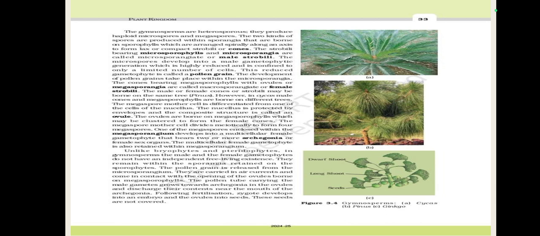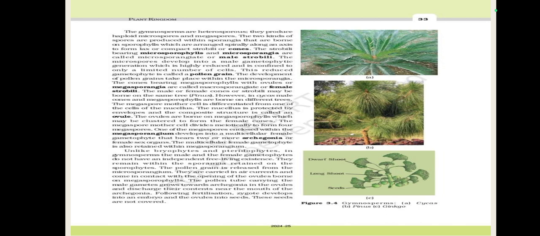One of the megaspores enclosed within the megasporangium develops into a multicellular female gametophyte that bears two or more archegonia or female sex organs.